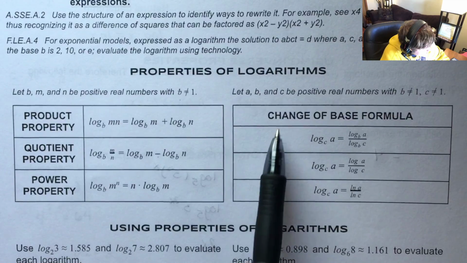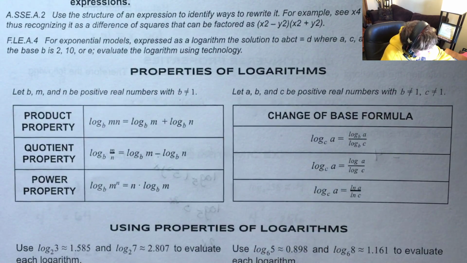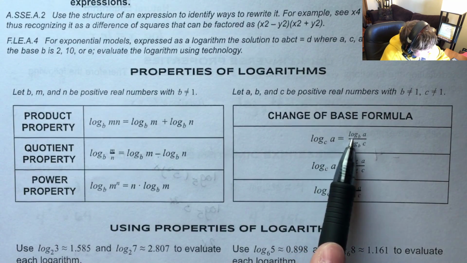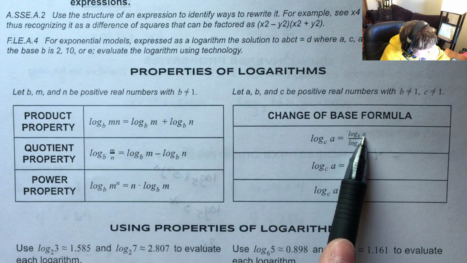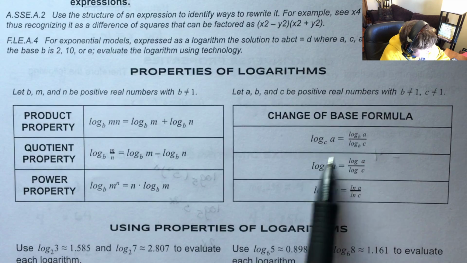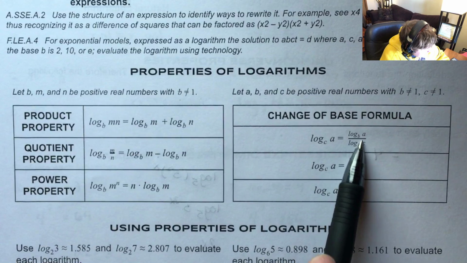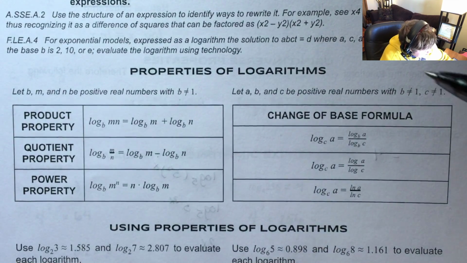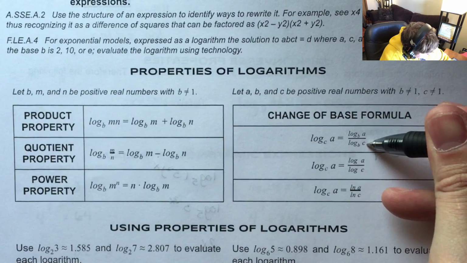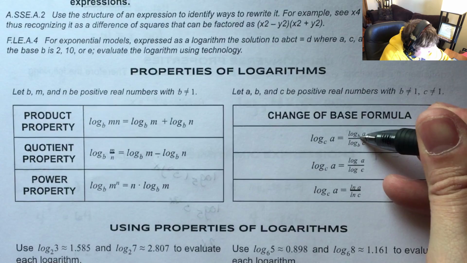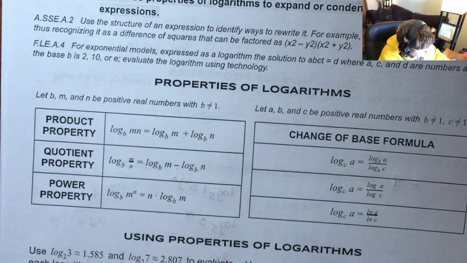Okay, so here I have the change of base formula. If I have log base c of a, it is equal to log base b of a divided by log base b of c. So I can take a third number here and keep that base, and just take your logarithm with that base of a and c.